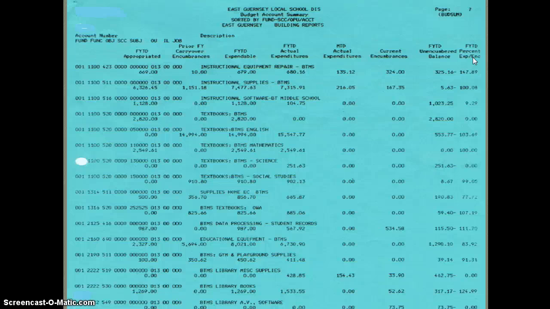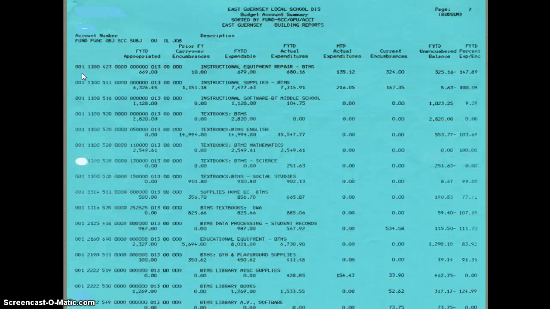Now that you have an understanding of the building report, let's look at the first actual line item from the principal's building report. General Fund 001-1100-423.